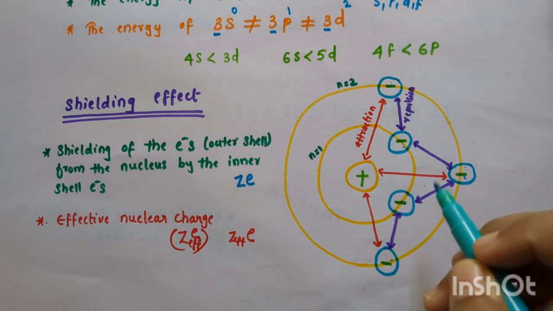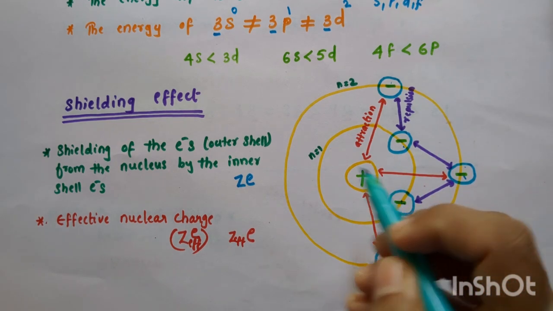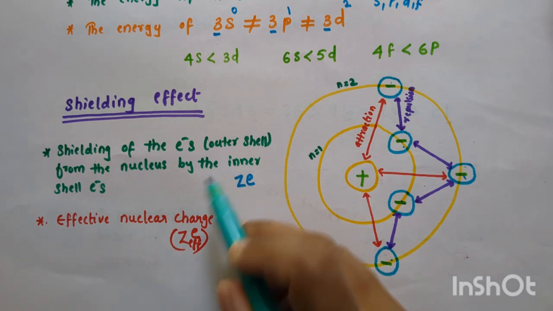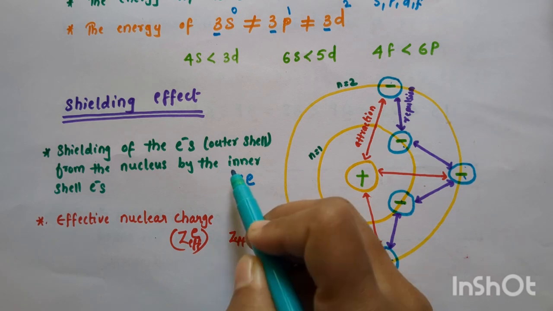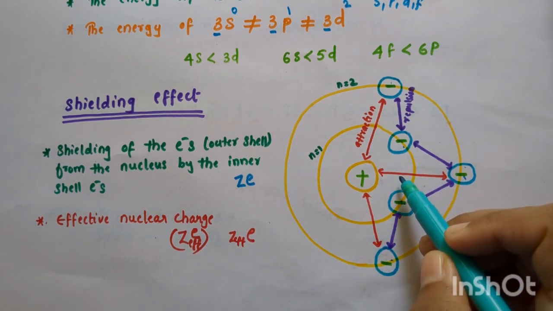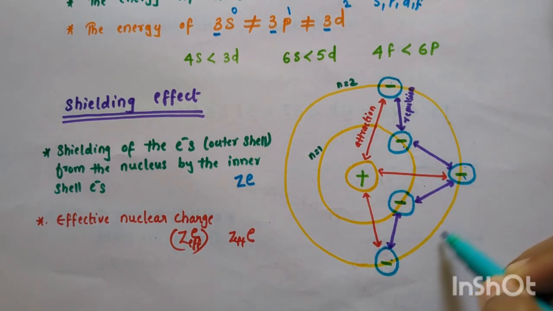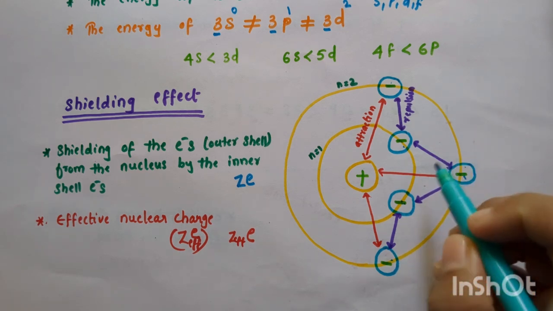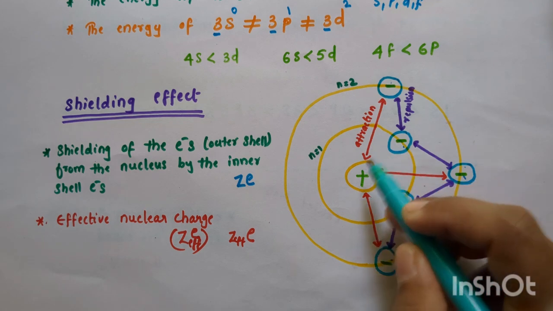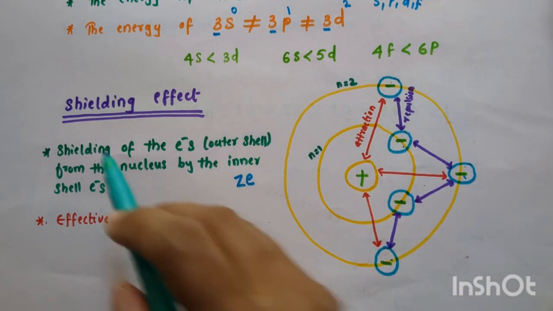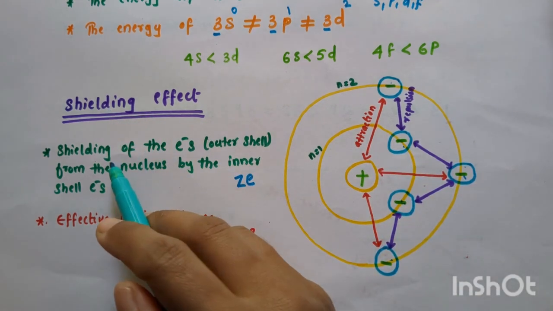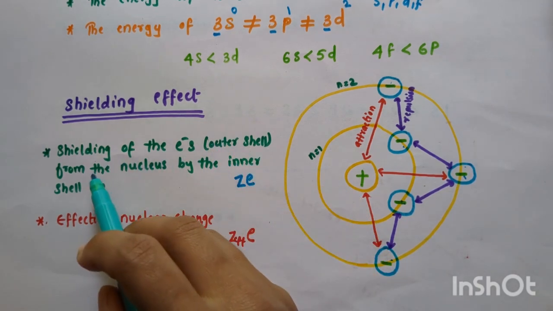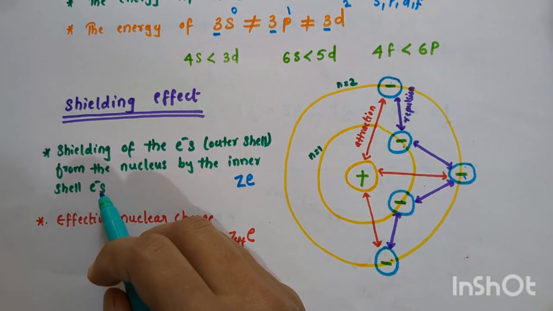This is known as the shielding effect, the shielding of the outer shell electrons from the nucleus by the inner shell electrons.